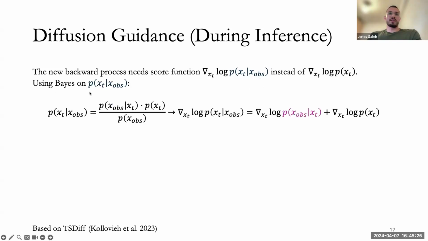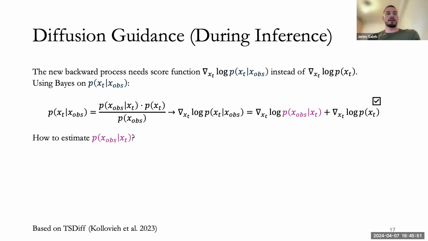By taking the gradient of the log, we are left with two expressions that we need to know what to do with. The expression on the right is the one we know, the log of the score function, and for the expression on the left, we need to estimate p of X observed given X t.